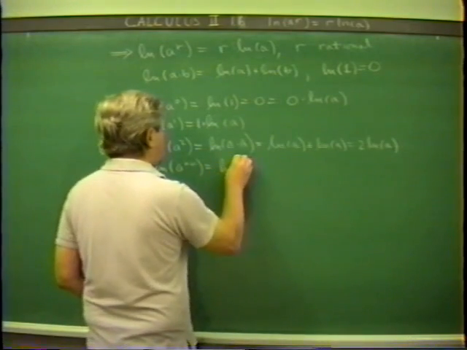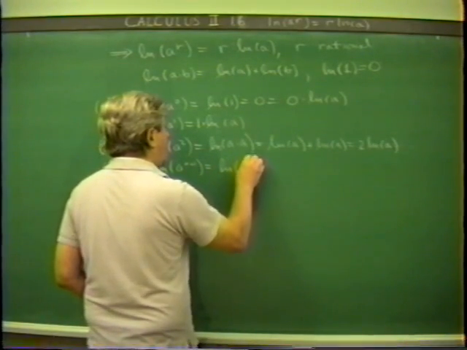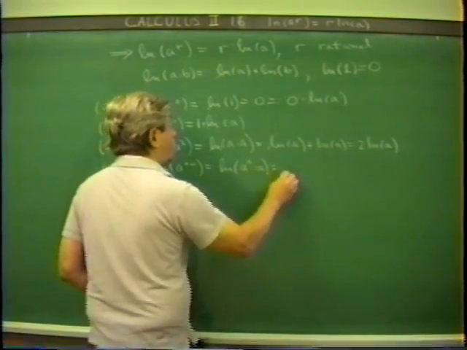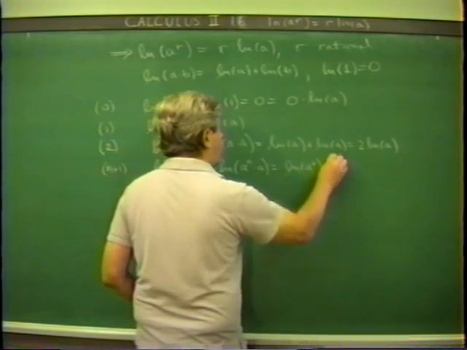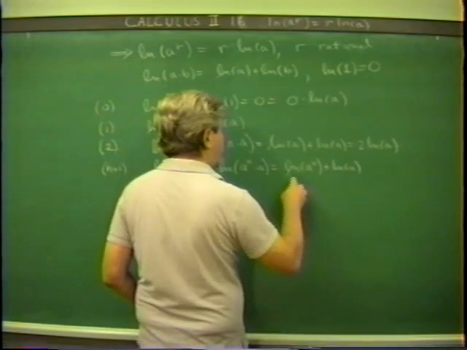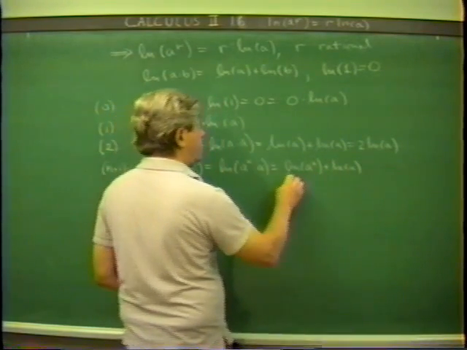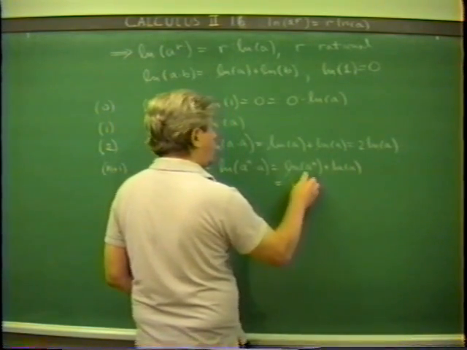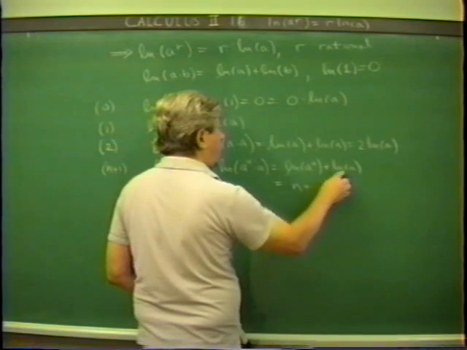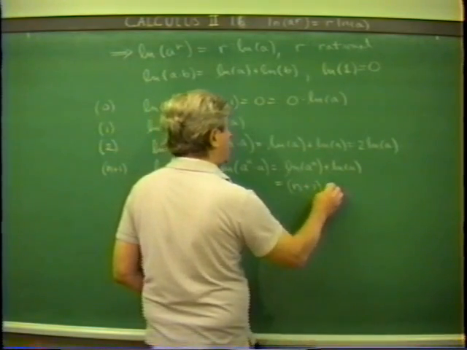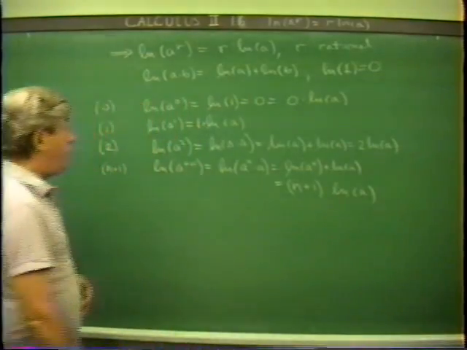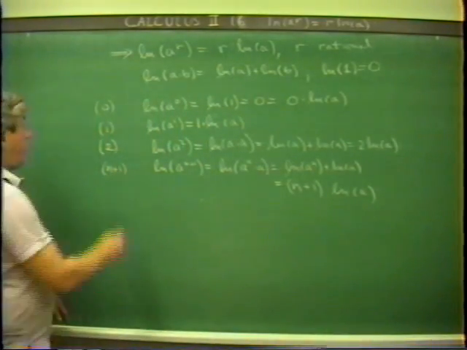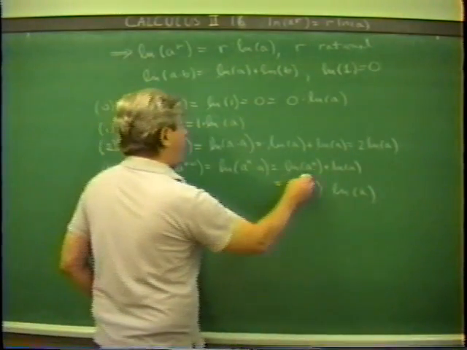Because the logarithm of a to the n plus 1 will be equal to the logarithm of a to the n times a, which will be the logarithm of a to the n plus the logarithm of a. The logarithm of a to the n is n times the logarithm of a. So we're going to get another logarithm of a here. So this is n plus 1 times the logarithm of a.